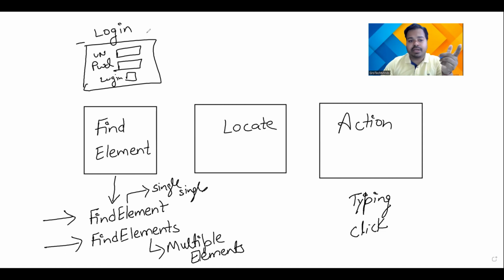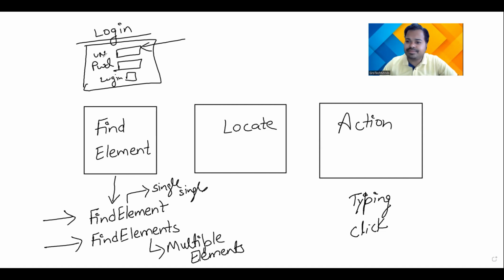In this login page, there is one username text field, one password text field, and a login button. Your job is to log into this application. So in order to perform action on this username text field, you have to first find it. Now you have 2 methods for finding, findElement and findElements. Can you let me know, in order to perform an action on this username text field, will you use findElement or findElements?